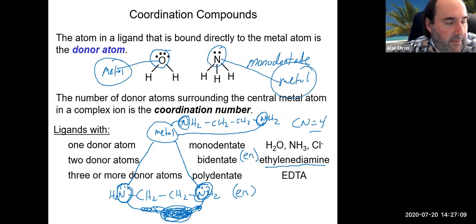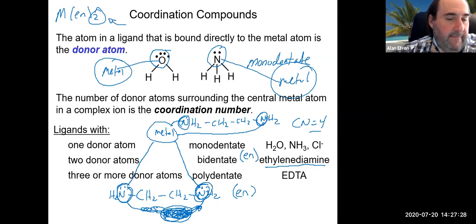It's important to remember that, because sometimes when people see formulas for complex ions, you may see the formula like this, metal en2, and they'll go, oh, the coordination number is 2 because it says 2 there, so that makes sense, right? But again, because this is bidentate, it could actually bind 2 for 1, so the coordination number is 4 in that case. So ethylenediamine, en, is a very common one.